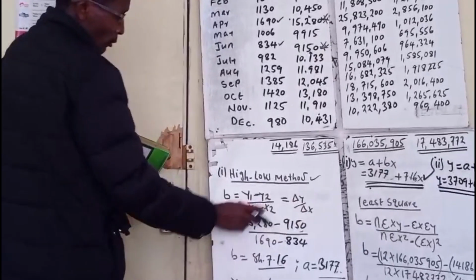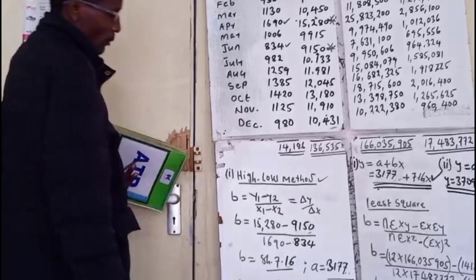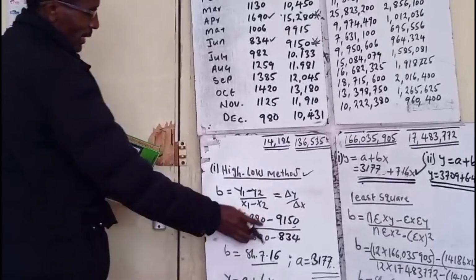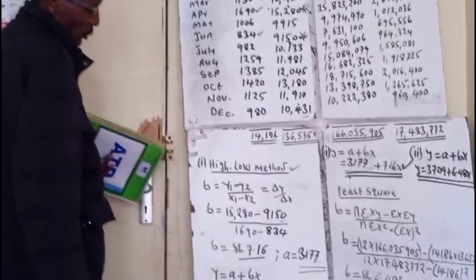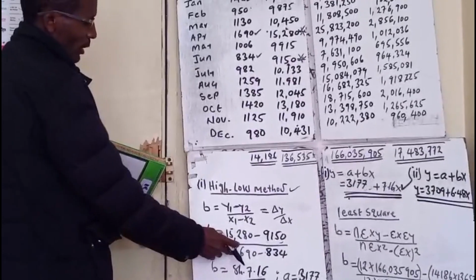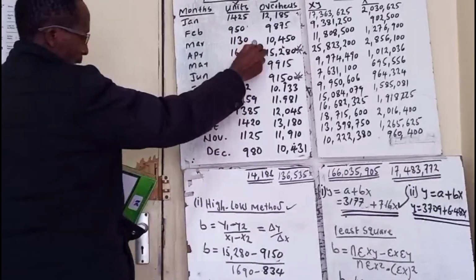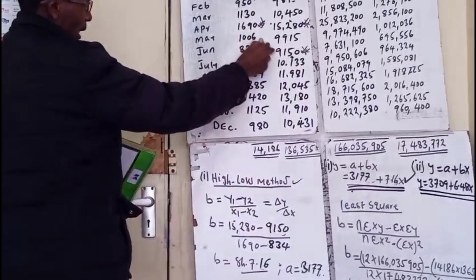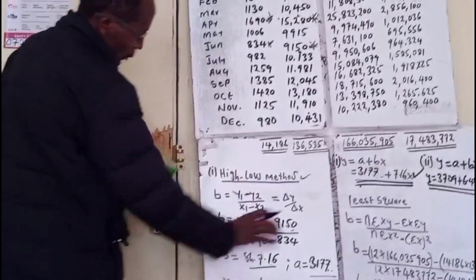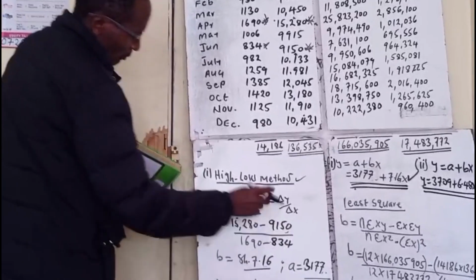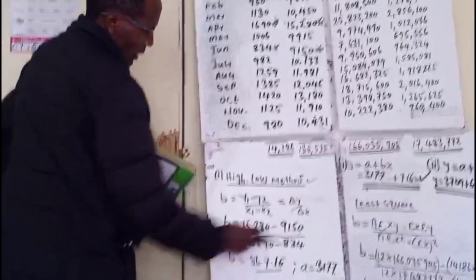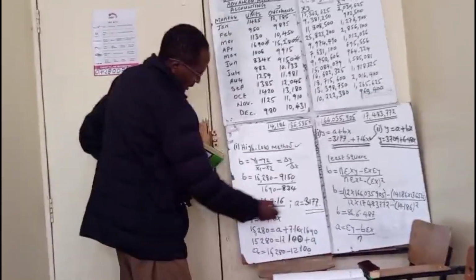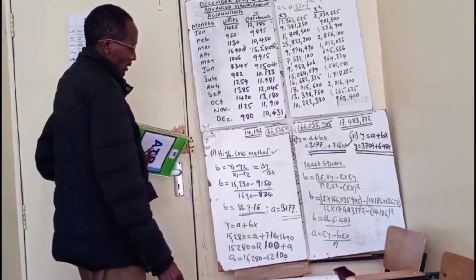That is what you have done here: 15,280 minus 9,150, the highest value in the y-axis minus the lowest value in the y-axis, divided by x1 minus x2. x1 means the highest value in the x-axis, which was 1,690, minus the lowest value in the x-axis, which is 834. So that's how you get the B, the slope. If you work out 15,280 minus 9,150 divided by 1,690 minus 834, you get shillings 7.16. That is B, that's the slope.